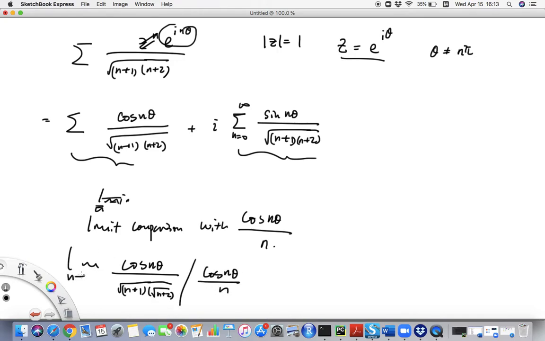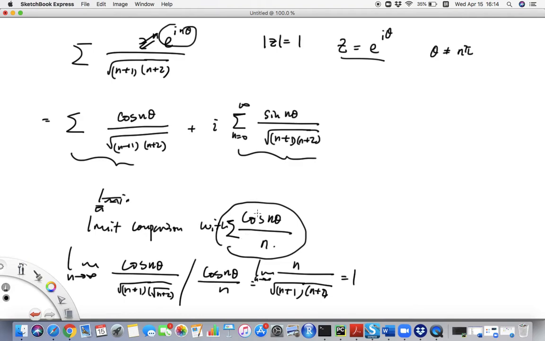So you take the limit as n goes to infinity. This is n over square root of n plus 1 times n plus 2. So this limit is equal to 1, so either both converge or both diverge. That's good, but still we don't know the convergence of this, so it is not clear whether this is convergent or divergent.